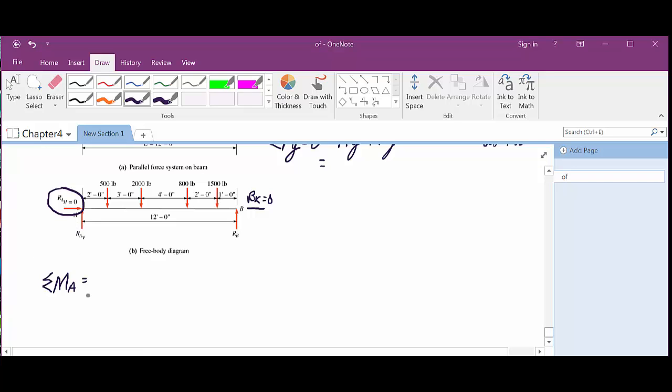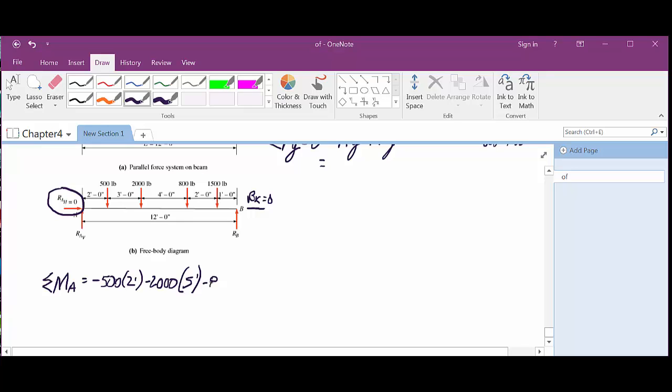So then I'm going to go in there. Now let's see, 500, what's that trying to do? Make it go clockwise, right? So it's negative 500. I'm going to dispense the units here. You guys did anyway, didn't you? 2 feet? Some people did. Minus 2,000 pounds at 5 feet, right? 2 plus 3. And I can't get out of the feet thing there.